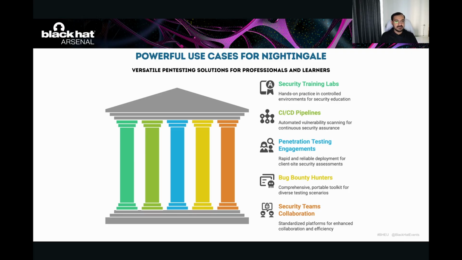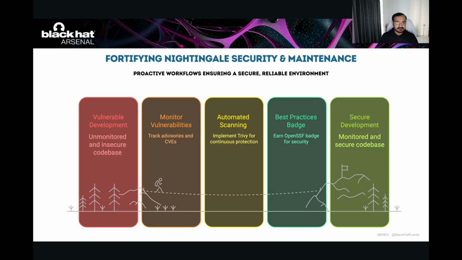Also, the nature of this tool is to start engagements in pen testing. Bug bounty hunters can love that, and also security team collaboration, which I've mentioned in earlier slides: it's a cross-team platform where every team member can access it and perform multiple pen testing engagements.